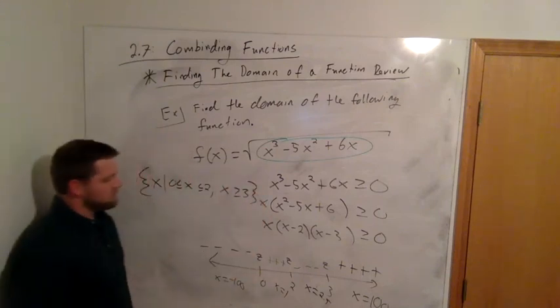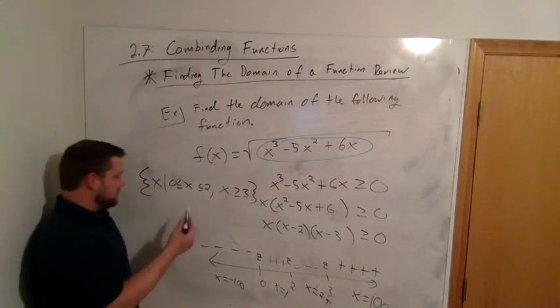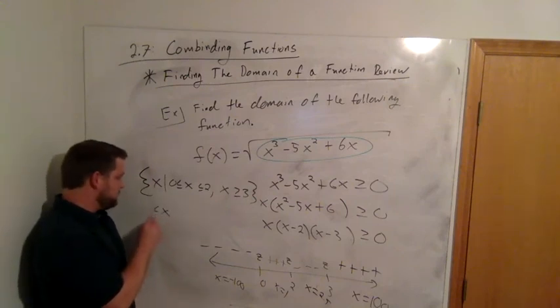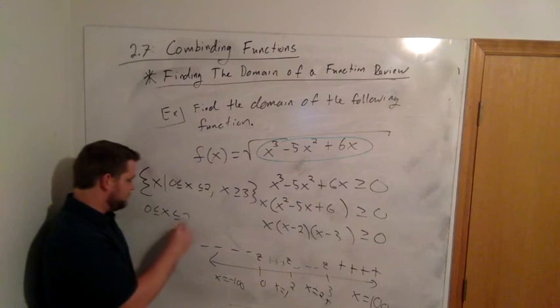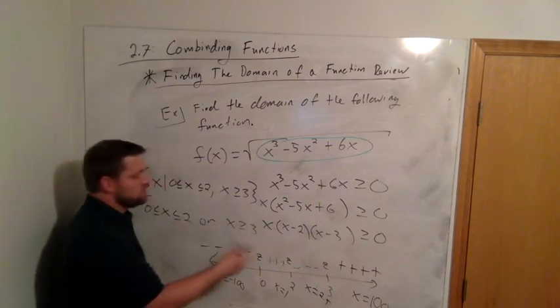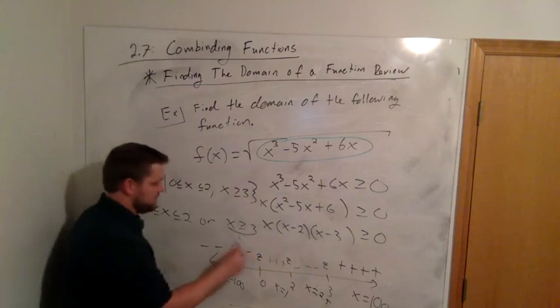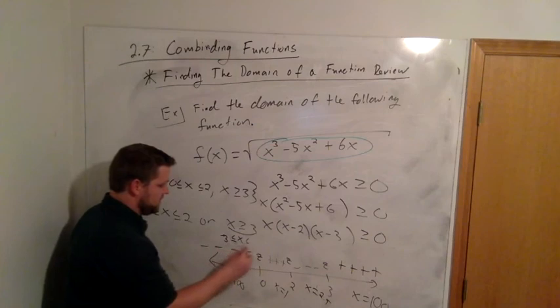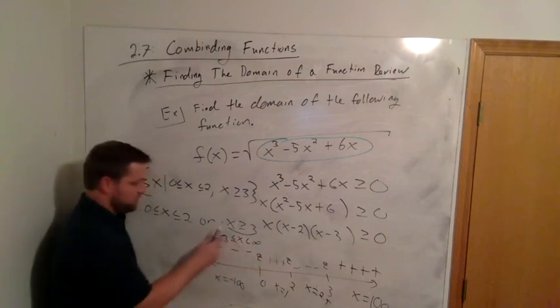This would be in set builder notation. We could also say that x is between 0 and 2, or x could be bigger than or equal to 3. It's also equivalent.